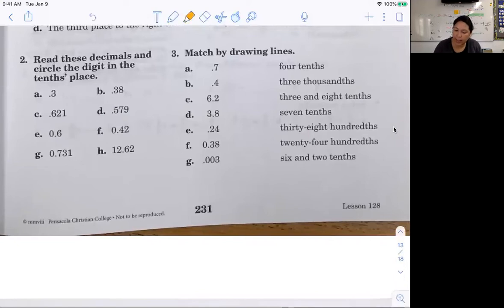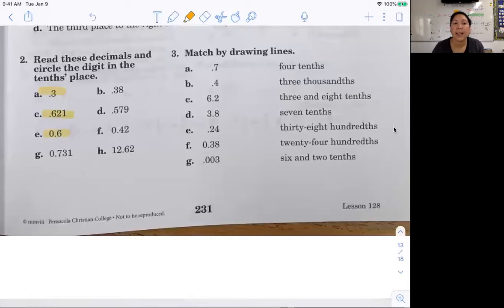I'm going to highlight as we read. I say it and then you copy me. 3/10. 621 thousandths. Because there are three numbers, we have to say thousandths. 0 and 6/10.